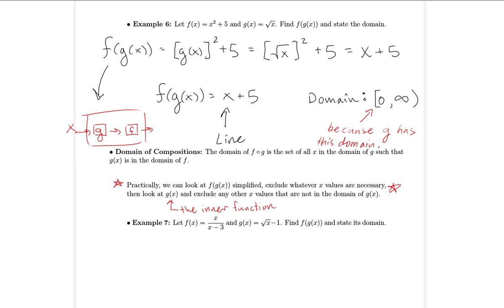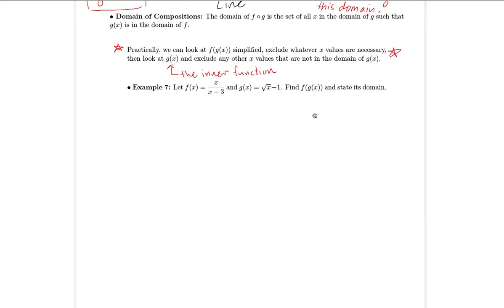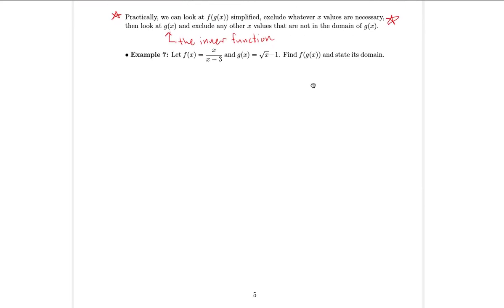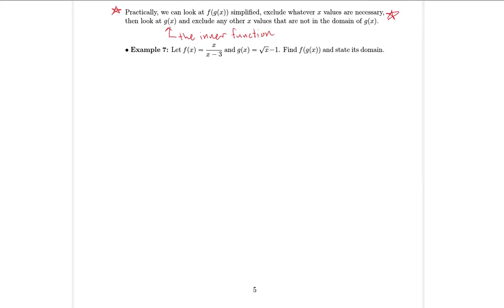All right, so let's do another example where we might have to think about this. We have f of x is equal to x minus 3, g of x equals square root of x minus 1, and they want f of g of x. That means g of x is getting put in wherever we see an x.